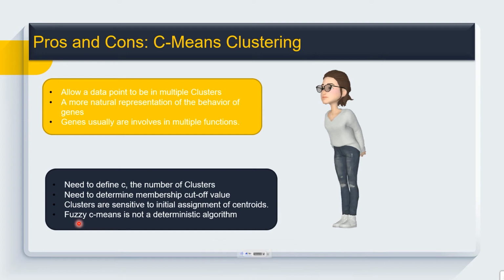So a slight deviation from the center is going to result in a funny kind of output from the fuzzy C-means. And one of the major disadvantages of C-means clustering is that it is a non-deterministic algorithm, so it does not give you a particular fixed output.